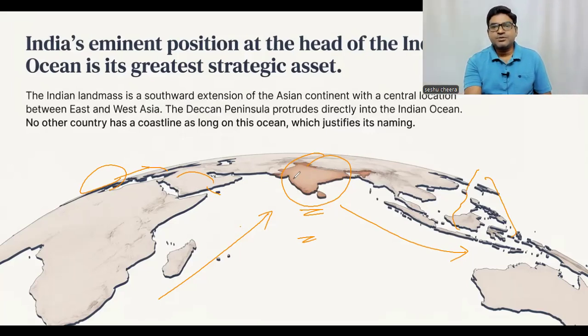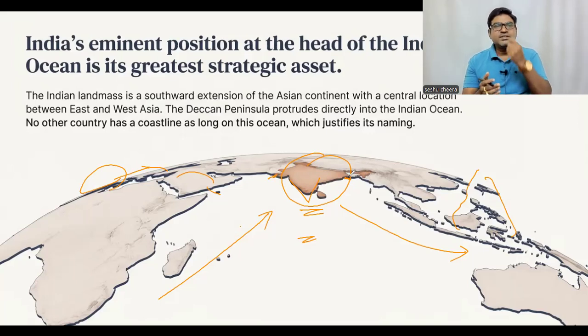When we say protrudes, it is going inside the Indian Ocean in a triangular form, and India has a large coastline. From Gujarat till the Bengal region, we have a large coastline which justifies its dominance over the Indian Ocean. Let us understand this further.